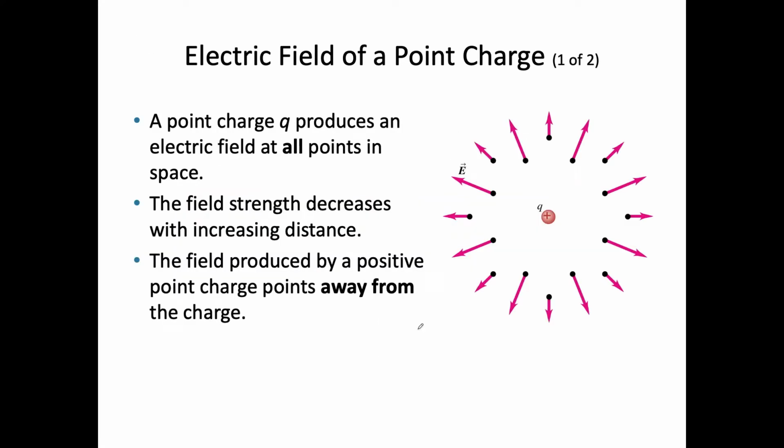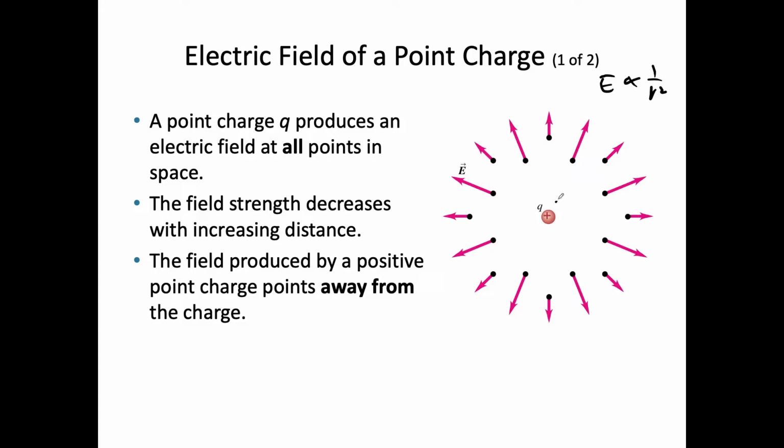Now, go back to the electric field generated by a positive point charge again. A point charge produces an electric field at all locations in space. Because E is proportional to 1 over r squared, of course, if you are far away from the charge, the electric field is going to be smaller or weaker.